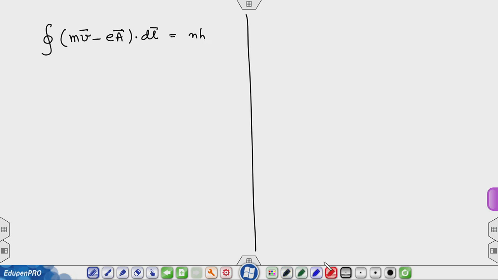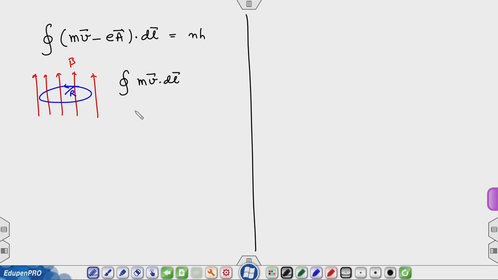What is the closed path? I know if there is a magnetic field B like this, the electron moves in a circle. Let us say this radius is r, which I can find out later. Then I have integration m v dot d l minus integration E A dot d l is equal to N H. V is a constant when it is moving in a circle.